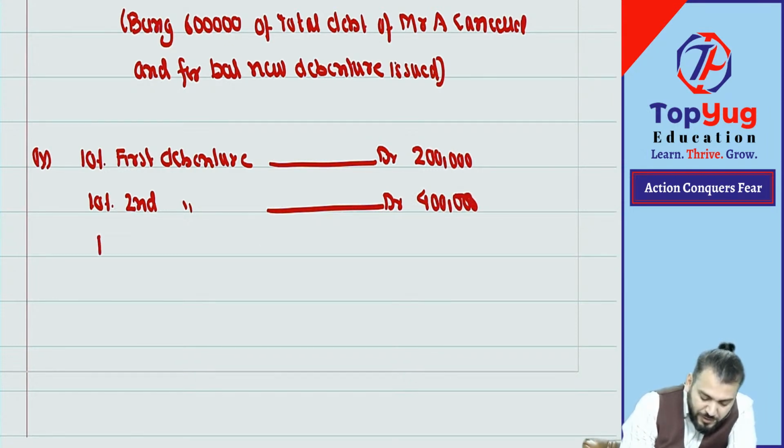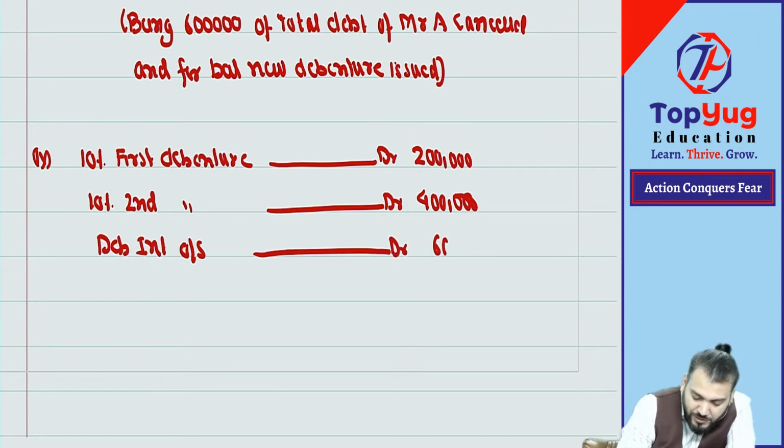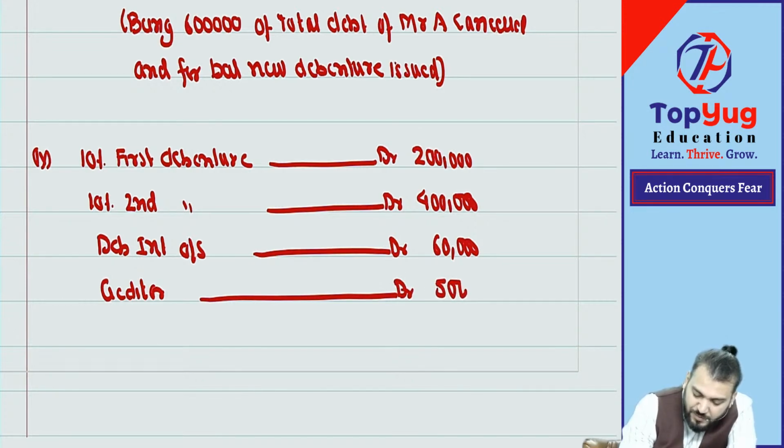Then debenture interest outstanding how much? Debenture interest of 10% of 6 lakh, that is 60,000. Very good. Then creditor how much? 50,000. In this case, B will not pay any cash.